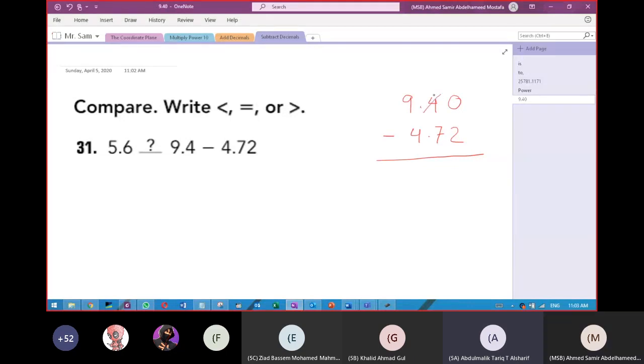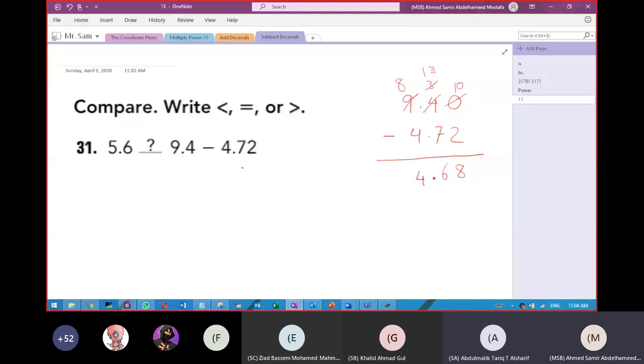The 4 will be 3. The 0 shall be 10. Right. 10 minus 2. But now the 4 when it turned into the 3 will not be able to be subtracted by the 7, so it shall take from the 9, and the 9 shall be 8. So this will be 13. Yes, 13 minus 7, 6. Then the decimal point. 8 minus 4 shall equal 4.